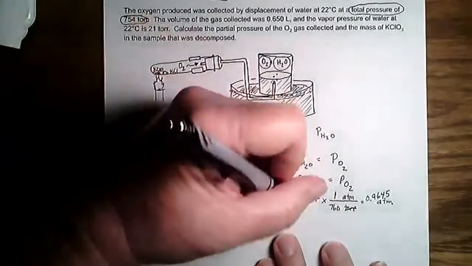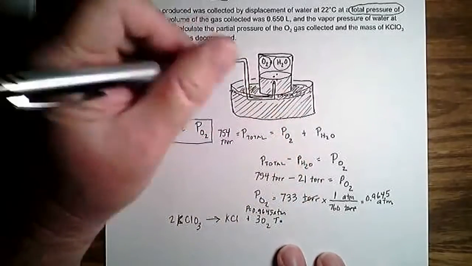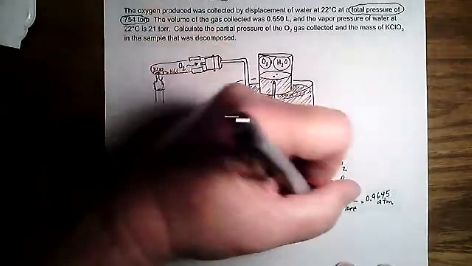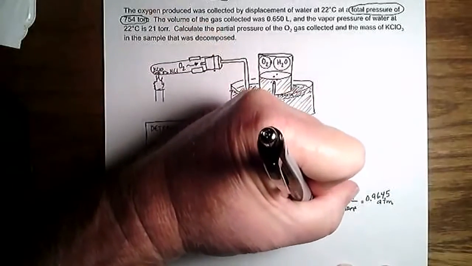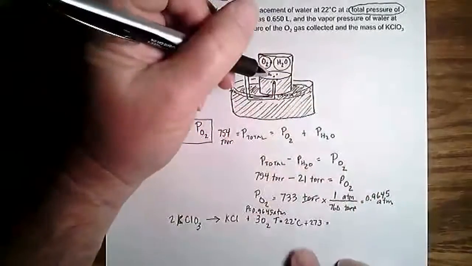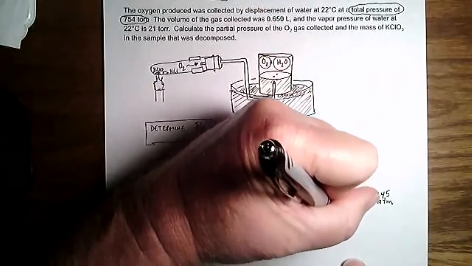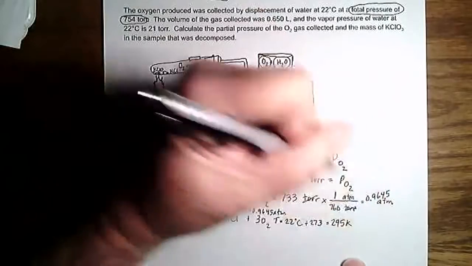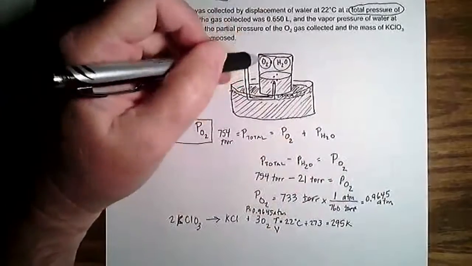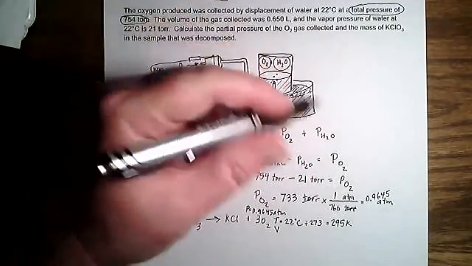I know the temperature of this O2. The temperature of that O2 is 22 degrees C. I'm going to go ahead and add 273 to that to convert it to Kelvin because I know I'm going to have to do it eventually. So if I add those, I get 295 Kelvin. And I also know the volume. The volume they gave me right off the bat, they said that volume here was 0.650 liters.